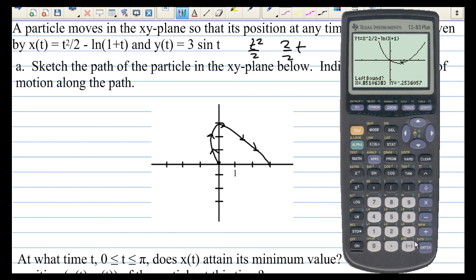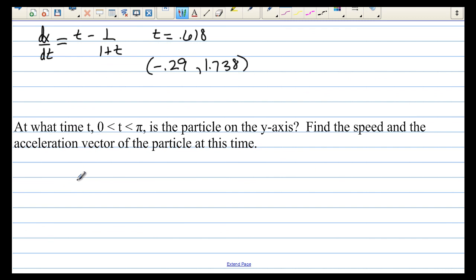We need to be on the left side, and then I need to get onto the right side. We'll back up, and the value is 1.286. So t equals 1.286. That's the value. Find the speed and the acceleration vector of the particle at this time.